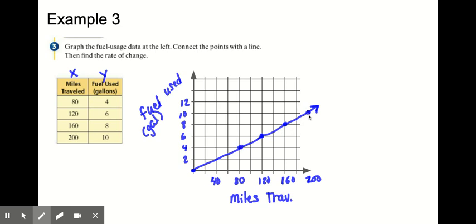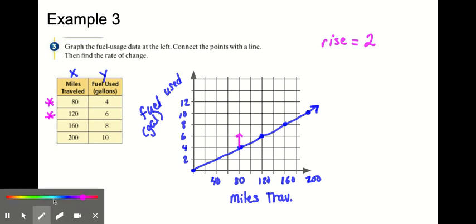So rate of change. I can use my graph and I can pick 2 points, and we're going to pick these 2. I'm going to go my rise. What am I rising? Be very careful. Yes, I'm going up 1 graph line, but that actually represents going from 4 to 6. So that's actually a rise of 2.